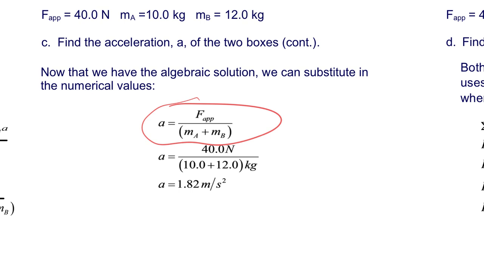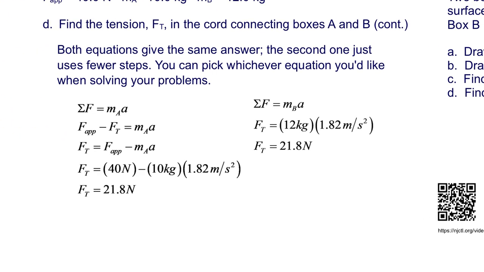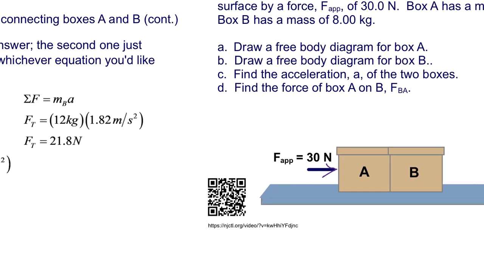If you want to memorize that, go ahead. But I can derive that equation from what I did step by step. So it'd be the applied force over the sum of the masses. That'd be the acceleration. This means sum of.